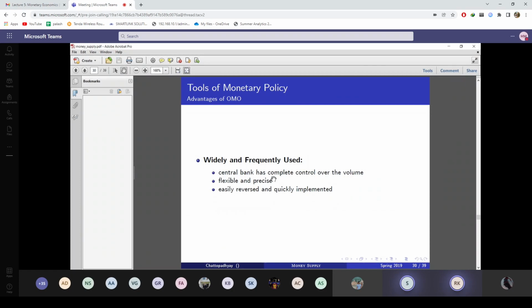See, when I taught open market operation through numerical exercises, I exactly know that if I want to reduce money supply by 50 units, how many bonds I have to sell, or if I want to increase money supply by 50 units, how many bonds I have to purchase. So the exact number of bonds to be sold and purchased, I know that.